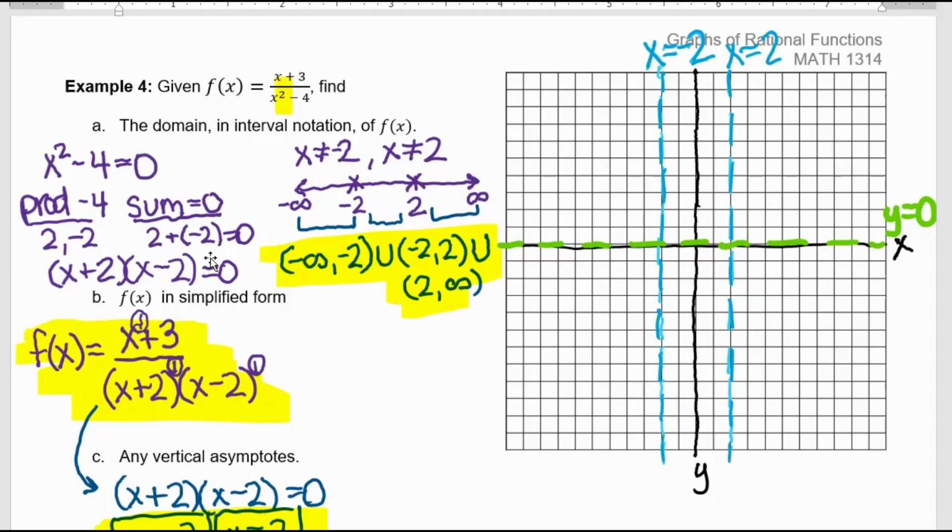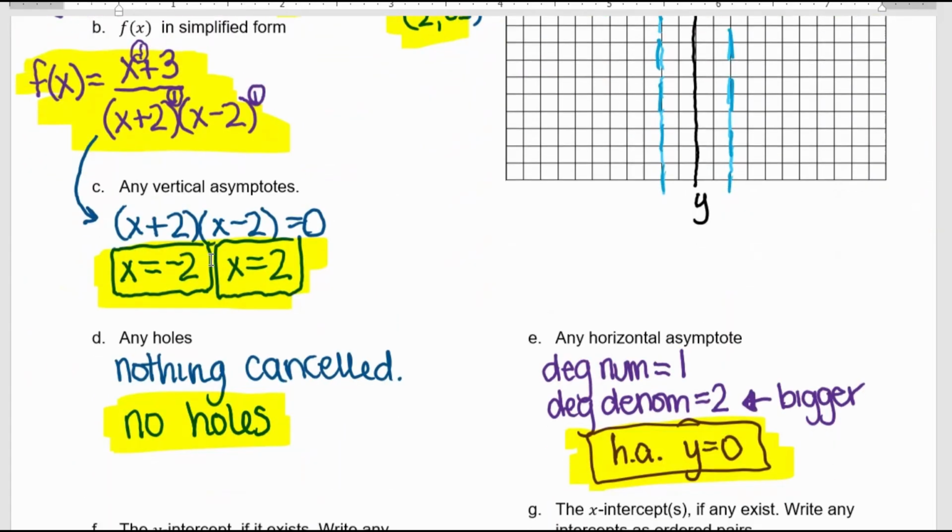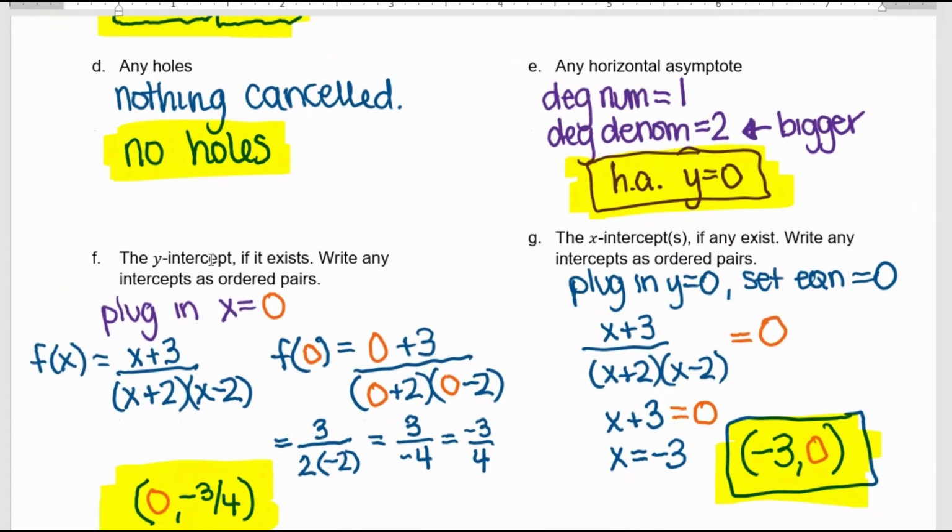Our intercepts that we found, we had 0, negative 3/4. And if you put 3/4 into your calculator, or you think 3 out of 4 quarters to make a whole dollar, we know that this is going to be 0, negative 0.75. Decimals may help you with your graphing.